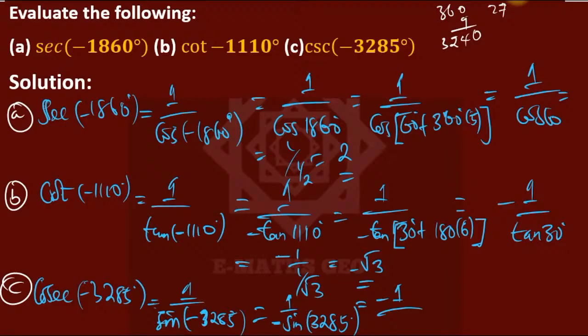So how many is remaining? 3285 minus 3240, it's 45 that we're left with.